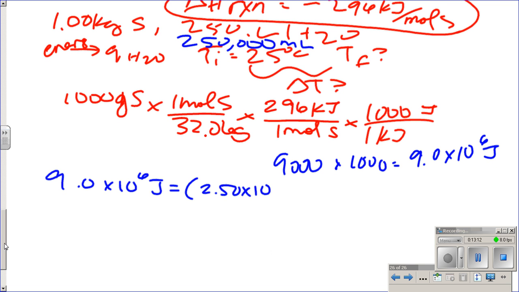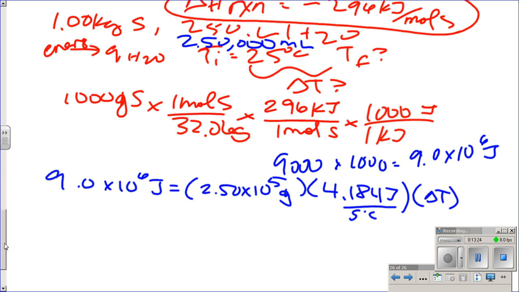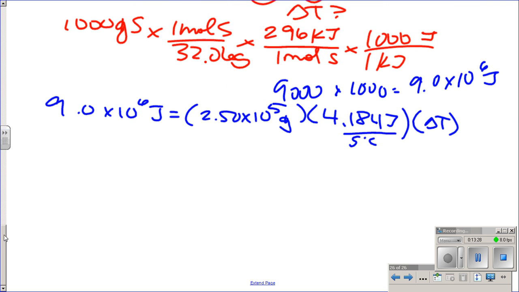So I just took my decimal back and said 2.5 times 10 to the 5th grams. Specific heat of water, 4.84 joules per gram C. Temperature change, I don't know. And I like to do scientific notation on this because my math is a little easier.